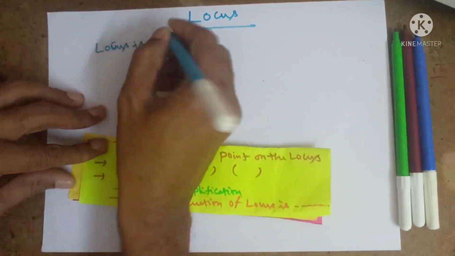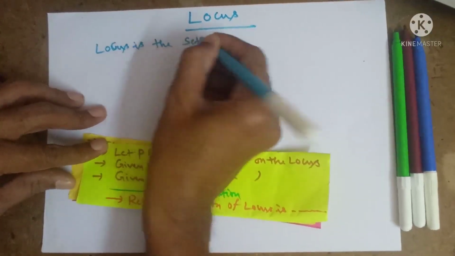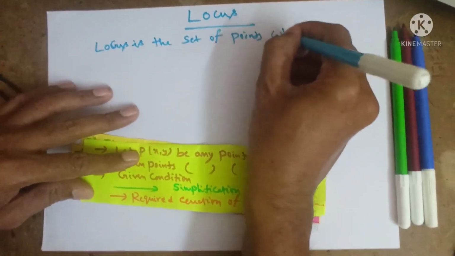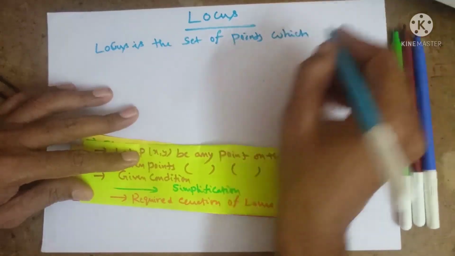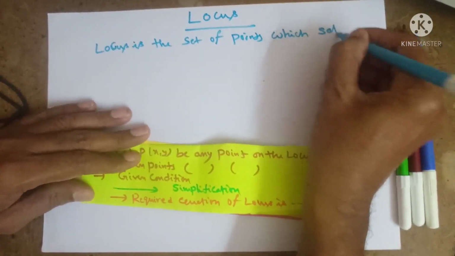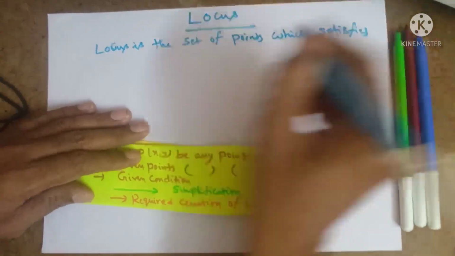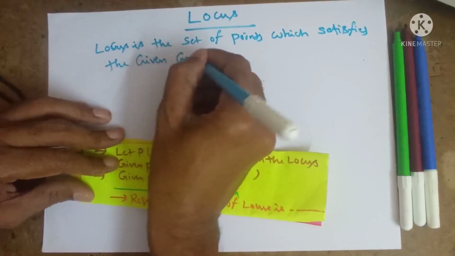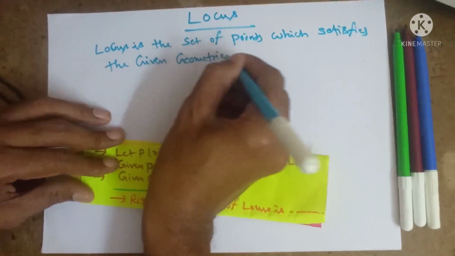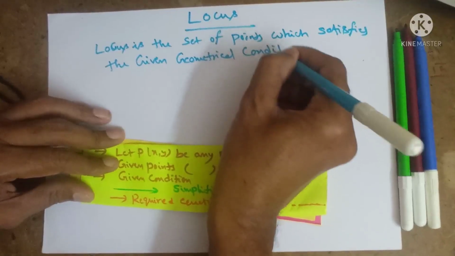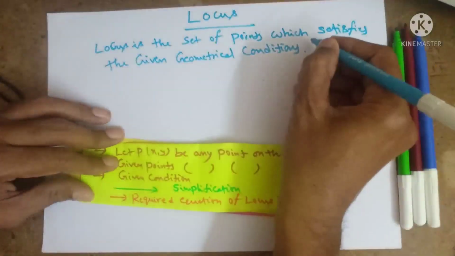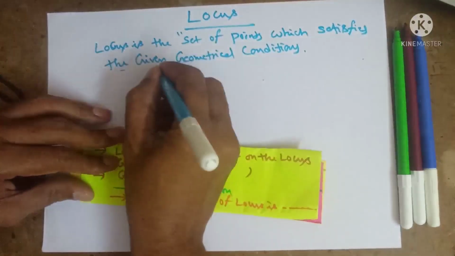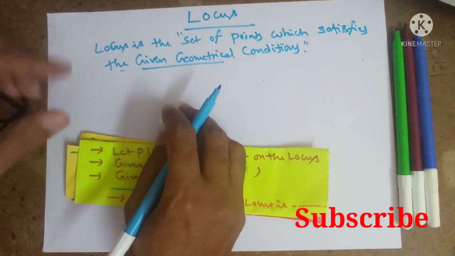Locus is the set of points which satisfies the given geometrical conditions. So, the set of points which satisfies the given geometrical conditions is called the locus.